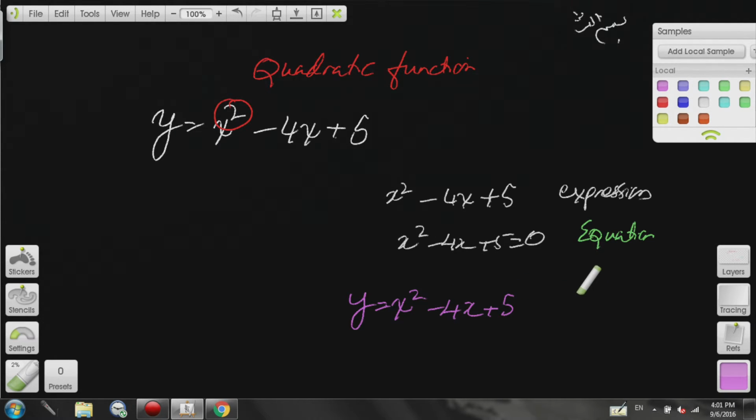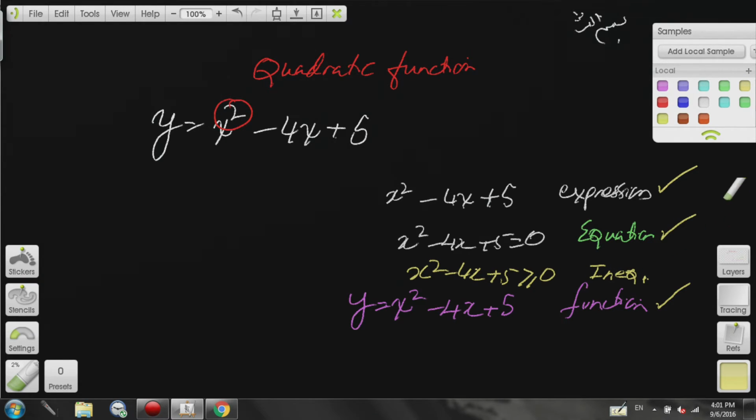This is an algebraic function. So that's the difference between these terms: an expression, an equation, and a function. And just to complete this, you can say x squared minus 4x plus 5 is greater than or equal to 0. That would be an algebraic inequality. So these are some terms that we need to appreciate.